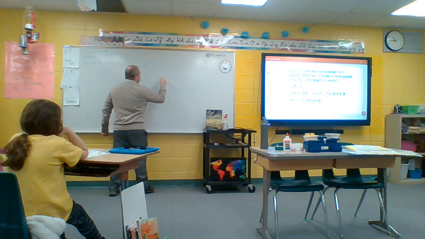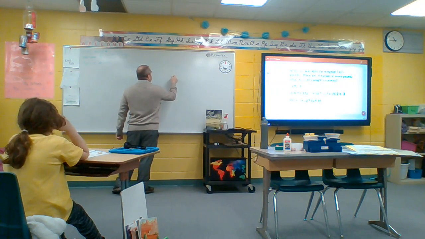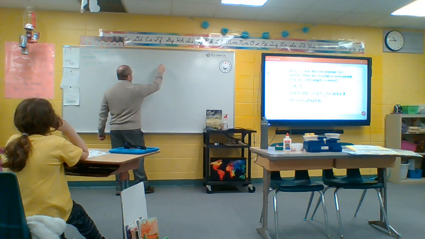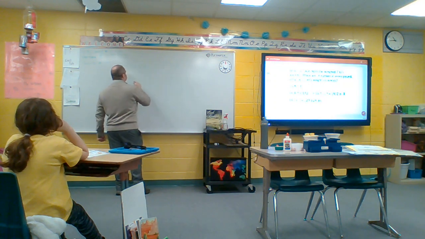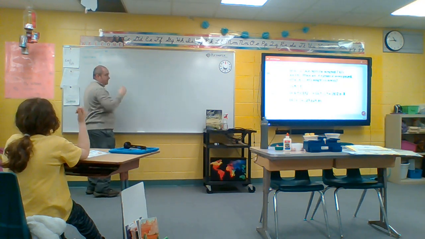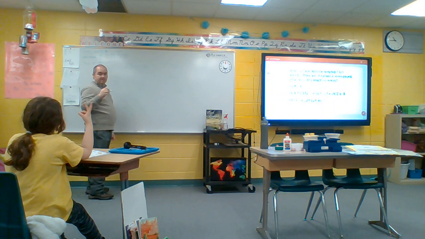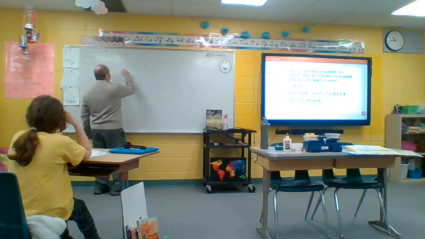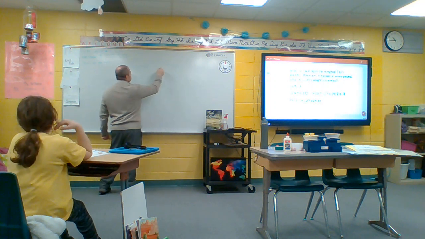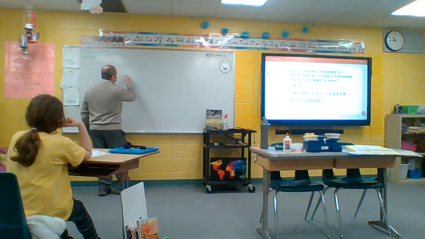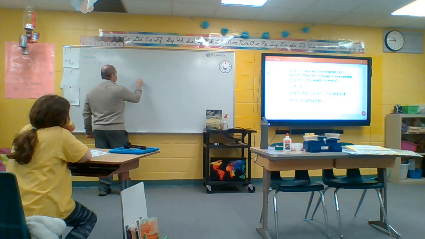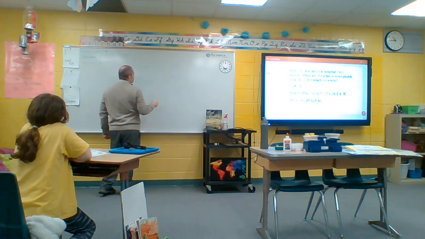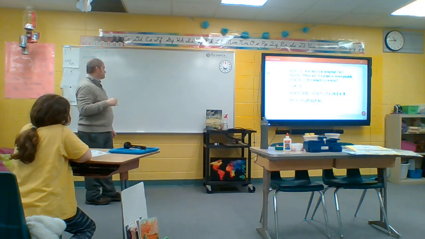Now, if I wanted 7 tons, I would multiply 2,000 by 7. How much would I multiply it by? Times 7, yeah. And that equals 14,000 pounds. That equals 7 tons.